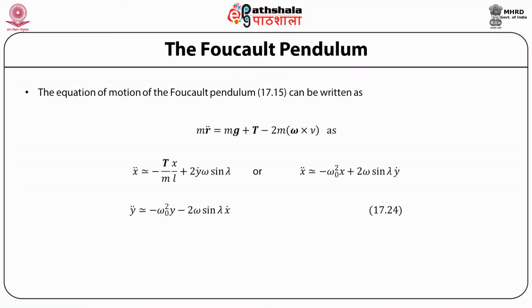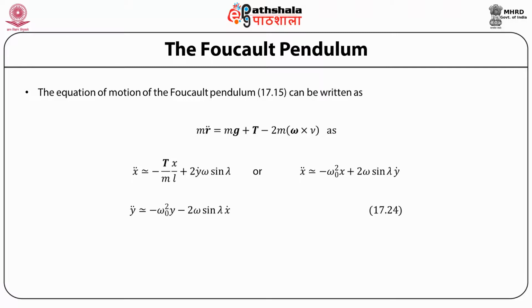The equation of motion of the Foucault pendulum can now be written as m r double dot is equal to m g plus T minus 2m omega cross v. In terms of components, x double dot is approximately equal to minus T by m x by l plus 2 y dot omega sine lambda, or x double dot is equal to minus omega naught square x plus 2 omega sine lambda y dot.